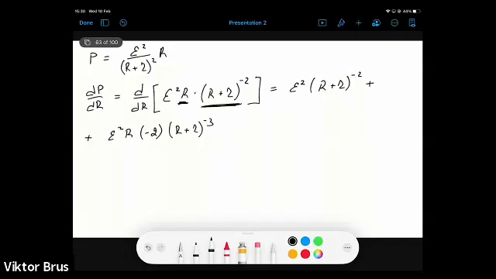And then the derivative of the expression in the parentheses will be just unity, because our internal resistance is considered here as a constant. We don't vary it.